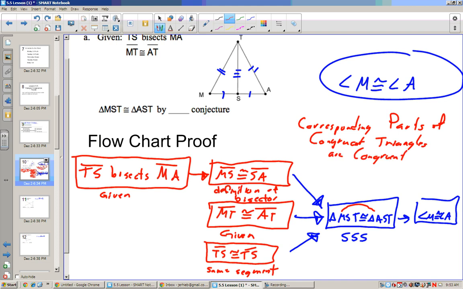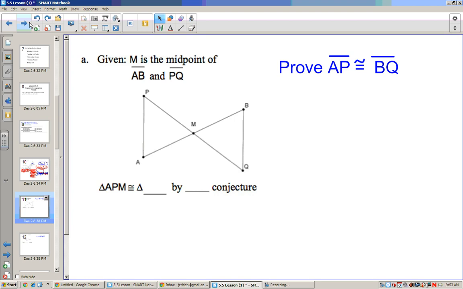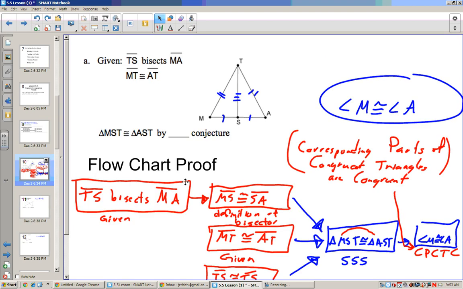Now that's a lot to write each time, so we're going to shorten this, and we're going to just write CPCTC: corresponding parts of congruent triangles are congruent. All right, so now let's just take a look. This right here is what we call a flowchart proof. It starts with the given information, and it ends up with what we wanted to prove.